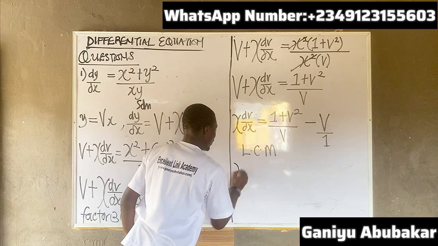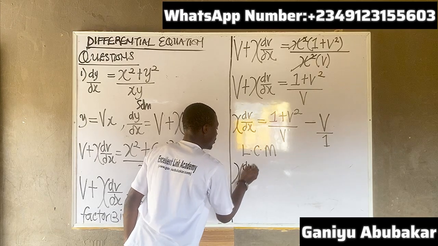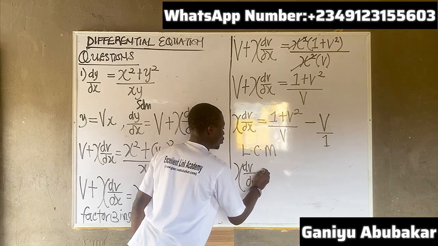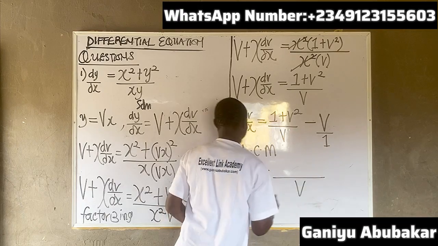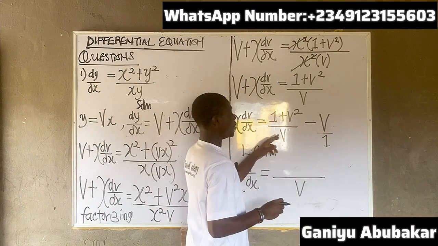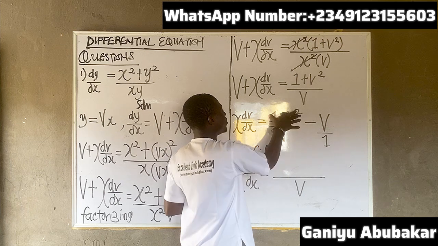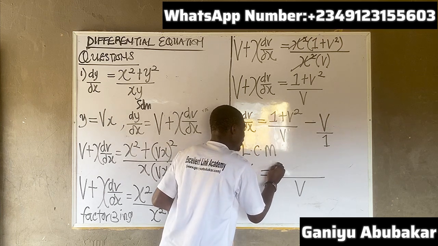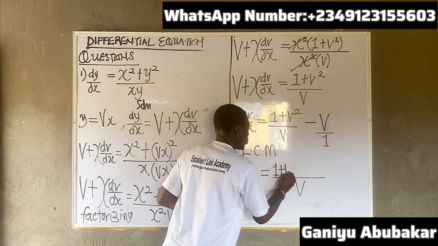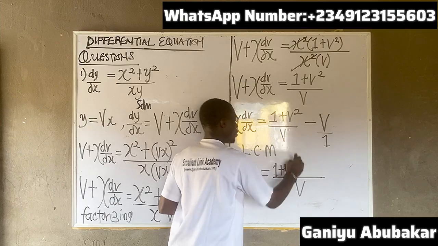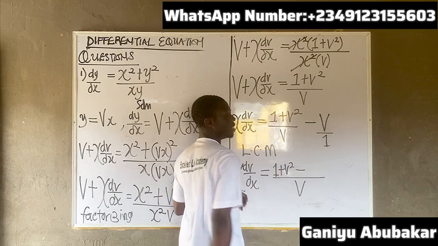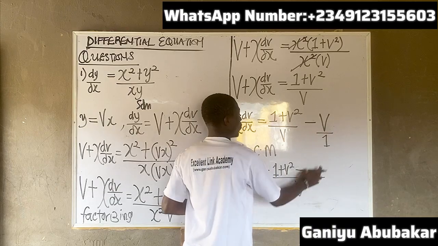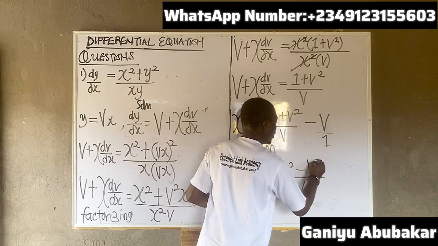This gives you x dv/dx is equal to, the LCM here gives you v, so I have v. v in v is 1. 1 times this gives you itself, that's 1 plus v squared, minus v squared, since v divided by 1 is v, and v times v gives you v squared.